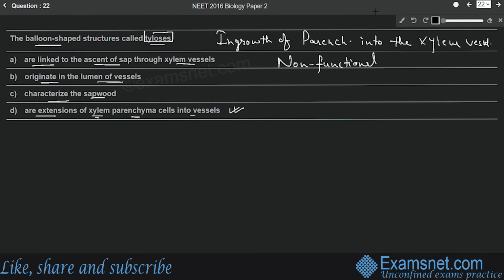That means these are not able to transport water and minerals. Okay, water and minerals are not able to be transported in the xylem vessels. So these are non-functional, and also due to the deposition of some pigments such as tannins, resins, etc., they become dark in color. Okay, and this is a characteristic of heartwood.